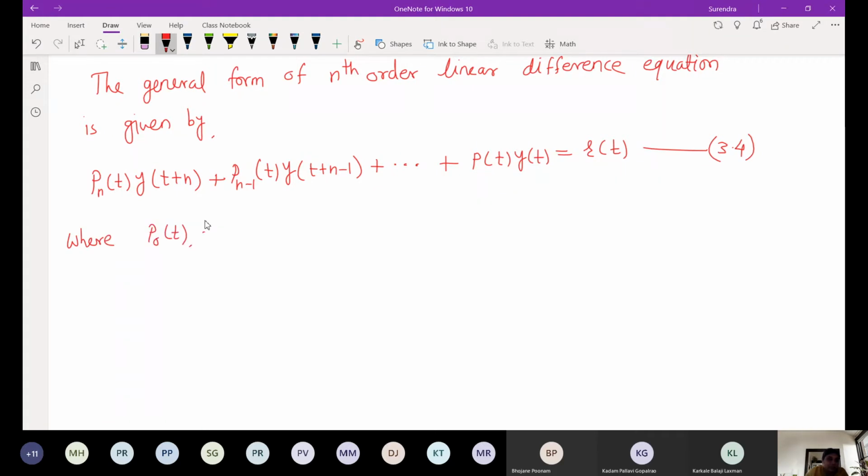Where P0(t) up to Pn(t) and R of t are known functions of t, and P0(t) is not equal to 0, Pn(t) is also not equal to 0 for all t.